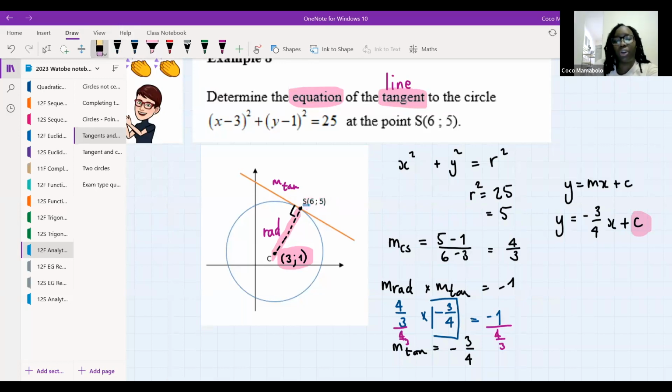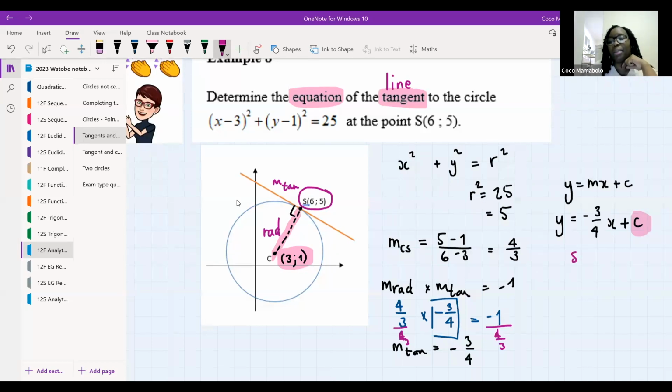In this particular question, we cannot by any means, when looking at the equation of our tangent, use the center. We cannot use the point at the center. We do not do that because the point at the center is not part of our tangent. We need to make sure that we're using the point that is at the actual tangent. Okay, make sure that you're using that point.